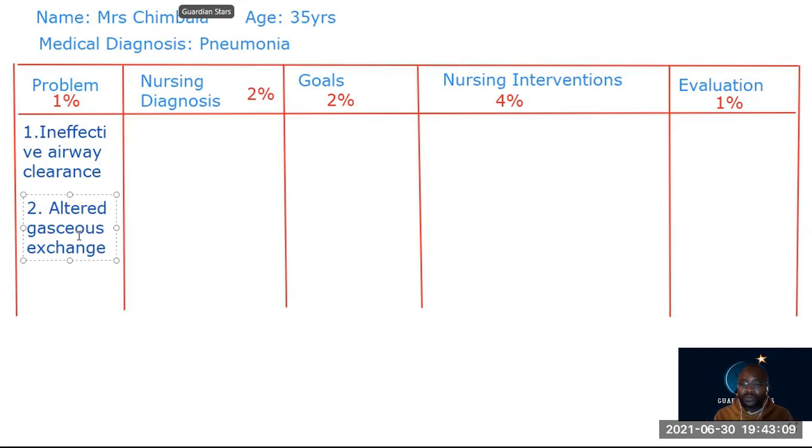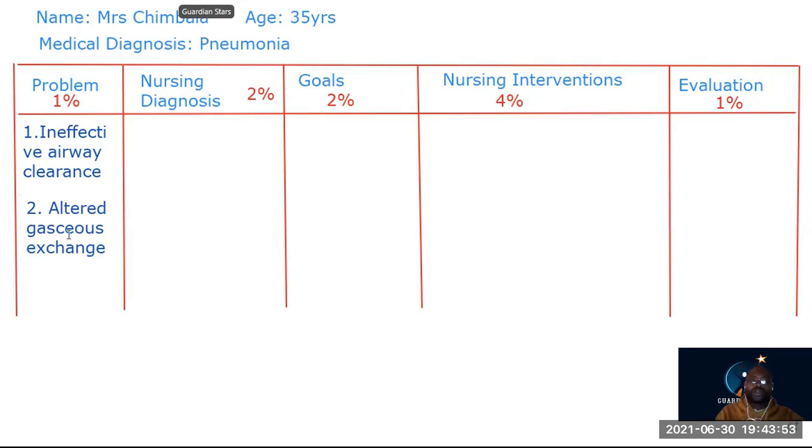The exchange of gases between the air sac and the blood vessels is not taking place because fluids have accumulated in the alveolus. We are talking about a patient who has pneumonia. It's a very good nursing problem, but you may have challenges coming up with your nursing interventions, but we are going to see how we can handle it.